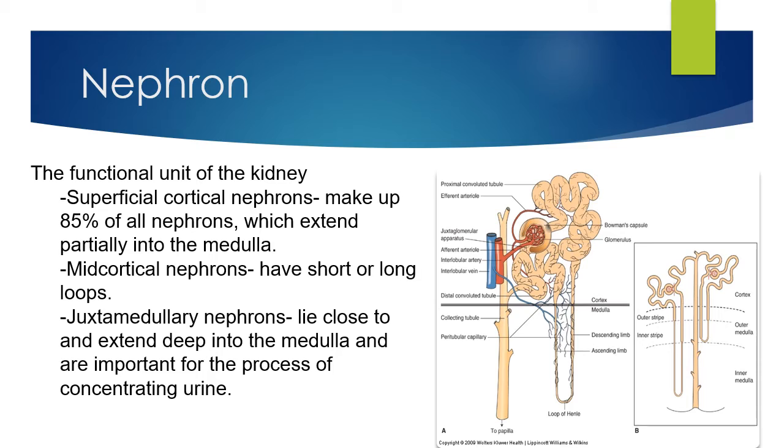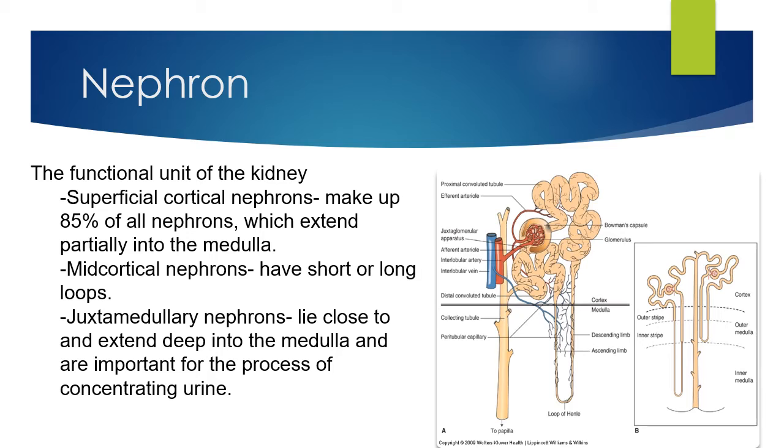The nephron is the functional unit of the kidney, and it's a tubular structure that has subunits that include the renal corpuscle, the proximal convoluted tubule, the loop of Henle, the distal convoluted tubule, and the collecting duct. All of these contribute to the formation of urine.